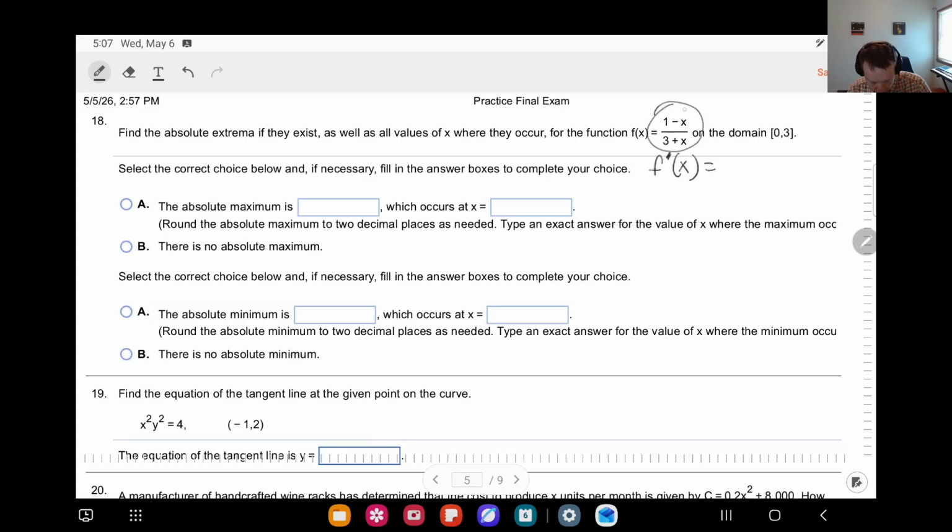This is a quotient. So low d high, that's -1, the derivative of 1 minus x. Minus high d low, that's 1. Over low squared.